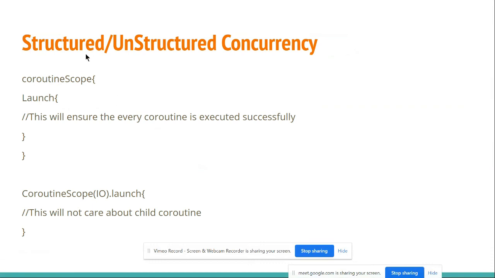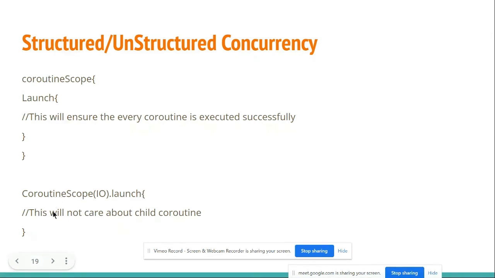So what is next? Next is structured and unstructured concurrency. Suppose we have a block of code here, coroutine scope. This is the suspending function, and this is the CoroutineScope interface. When we use the capital C CoroutineScope with Dispatchers IO, basically this will run in the background.